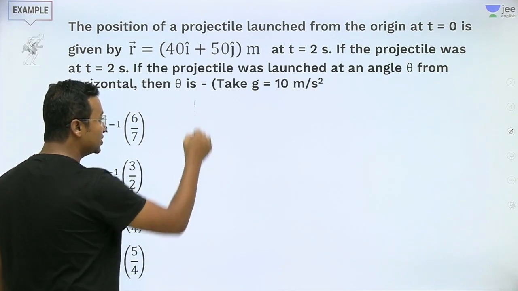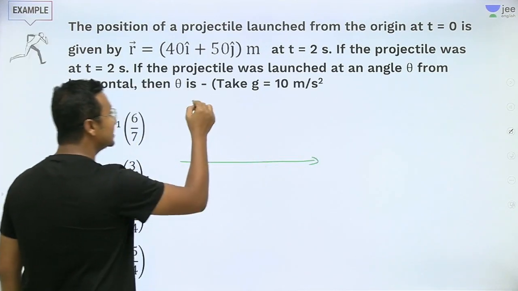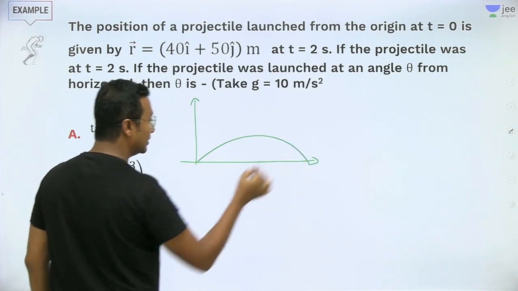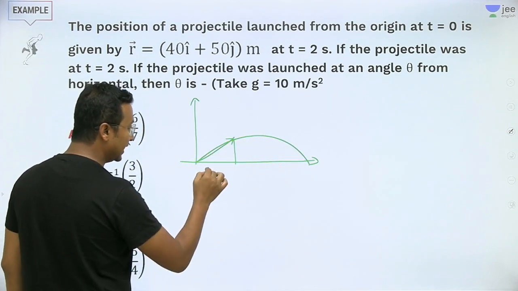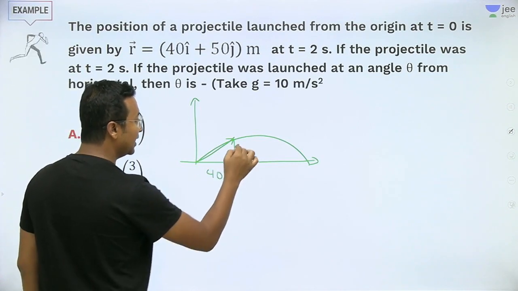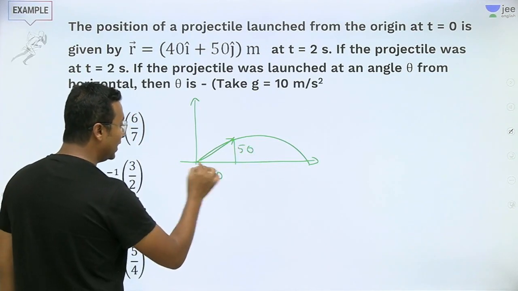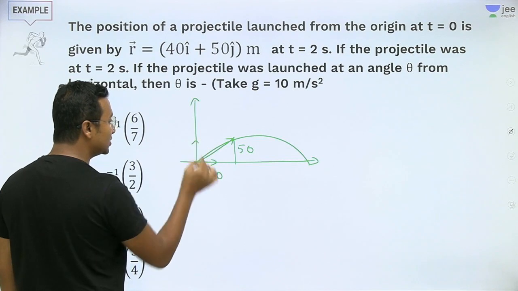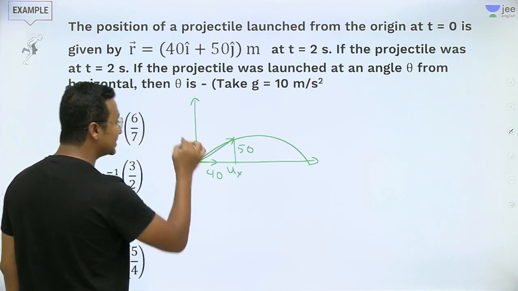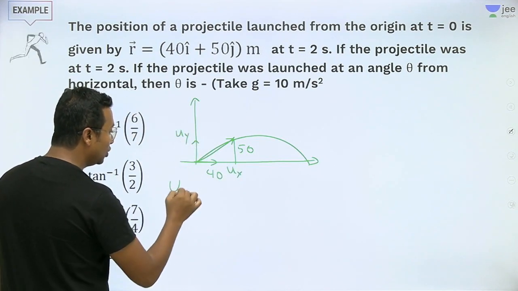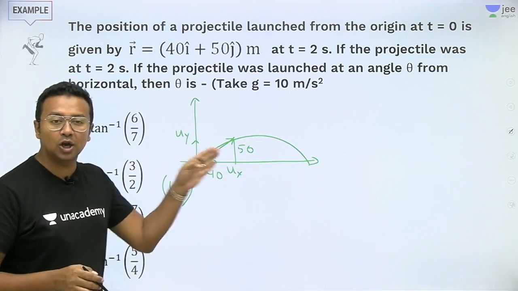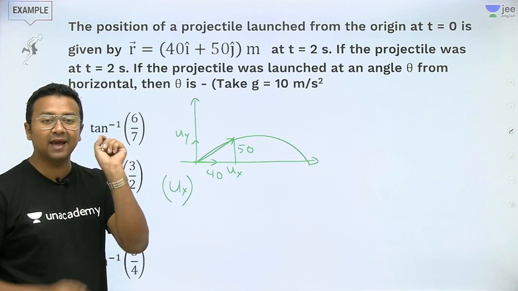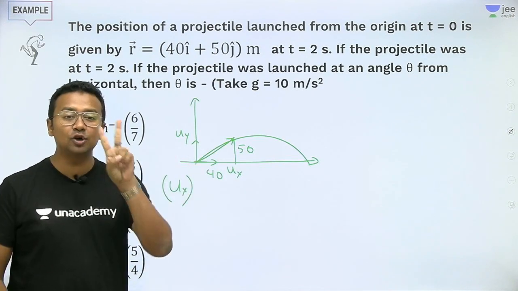Now in the longer version, this is the position vector of the particle, that is your 40 and 50. We can find out what is going to be your ux and uy. Ux is the horizontal component of the velocity, and they have given us the position vector after 2 seconds.